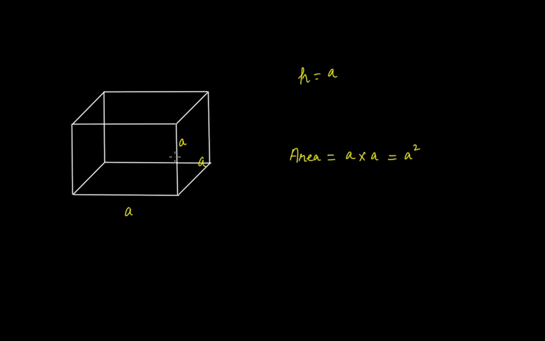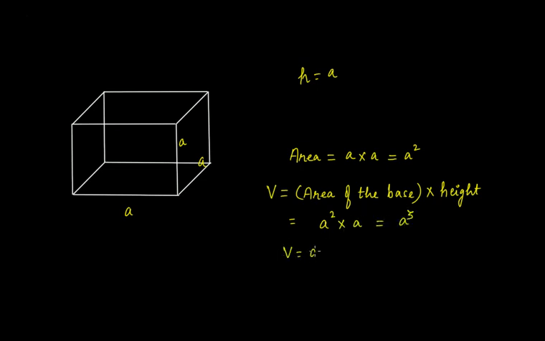So from the formula, volume is equal to area of the base, that is the space occupied by one square plate, multiplied by height, that is a squared multiplied by a. This becomes a cubed. And this is the formula we have been using from our grade 6.